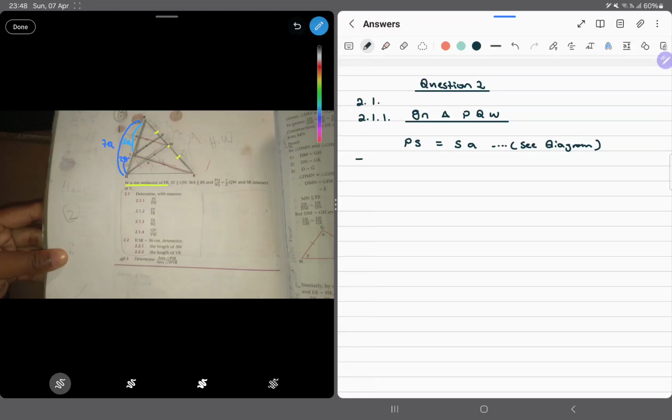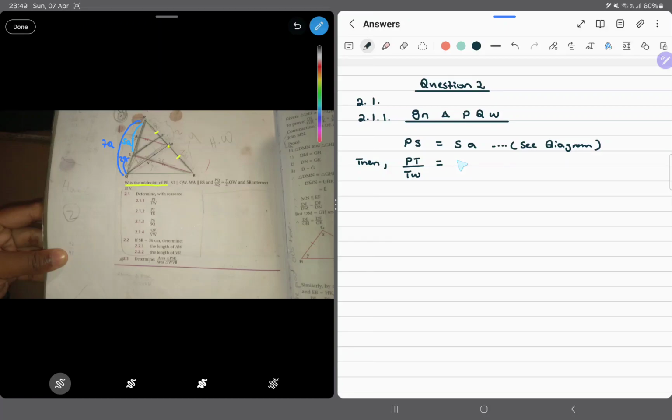Now we can say here then, we know without a shadow of a doubt that PT is what we want. So PT over TW is going to be equal to, now what is that?